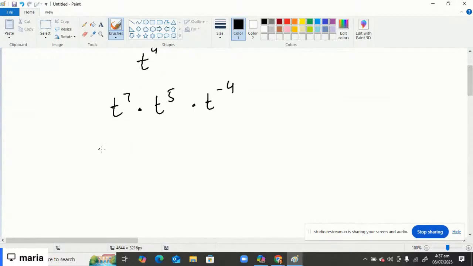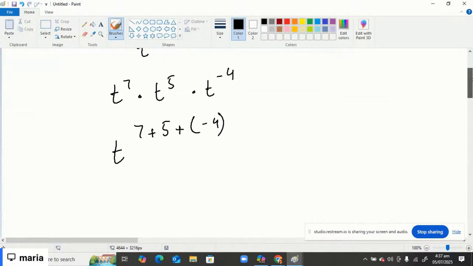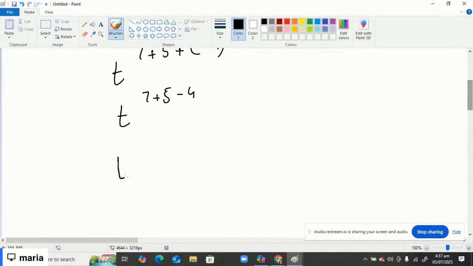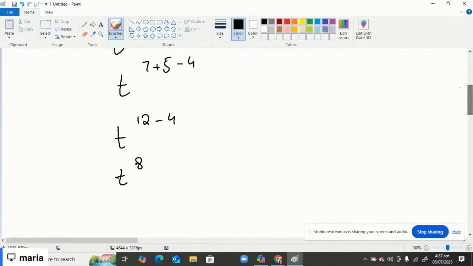Now just add up because their bases are same. 7 plus 5 plus minus 4. Now 7 plus 5 is 12, minus 4, and 12 minus 4 is 8. So this is t power 8.